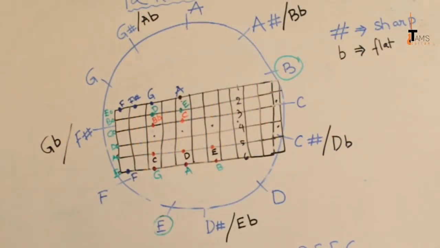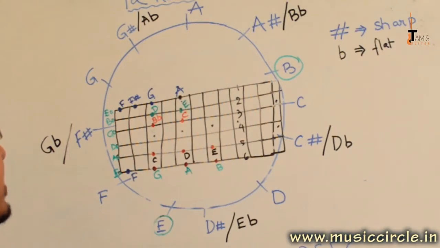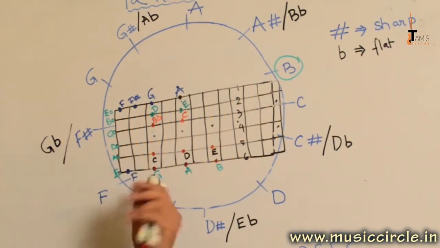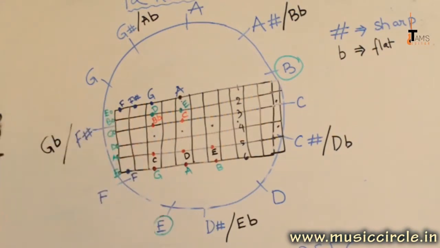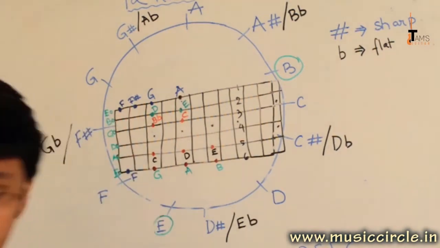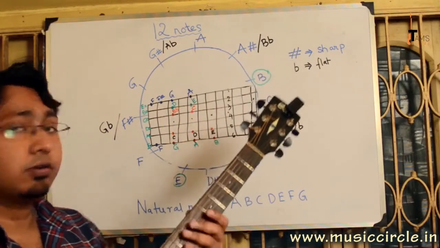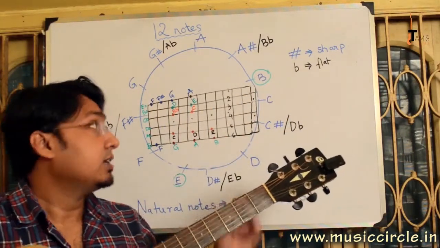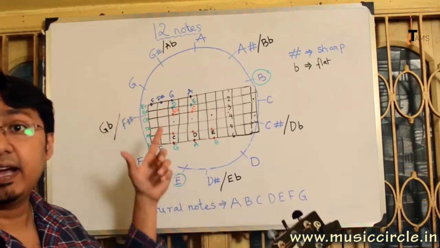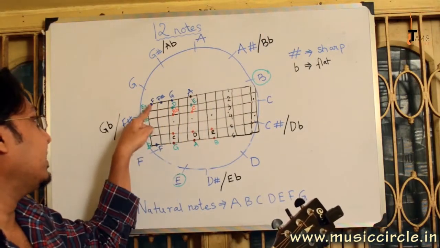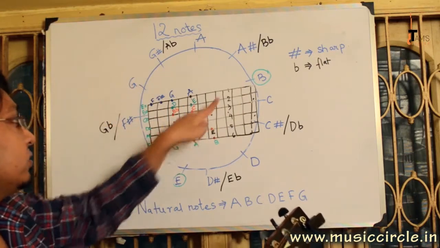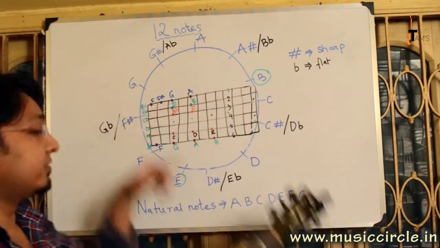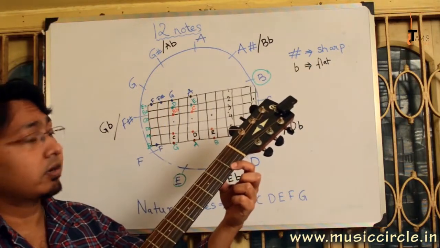Okay? So right now I'll show you on the guitar how we can find out the notes using this. I'll be just playing the notes on the guitar instead of drawing here. So if you are taking a look at the guitar, if you want to play the F note that is here, it looks as if it's on the sixth string, but I've already told you this is the first string, so this note is here, okay?